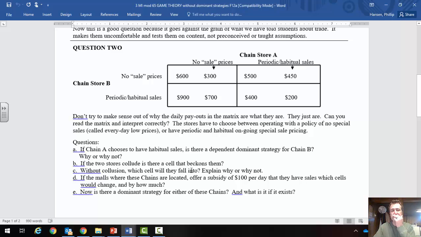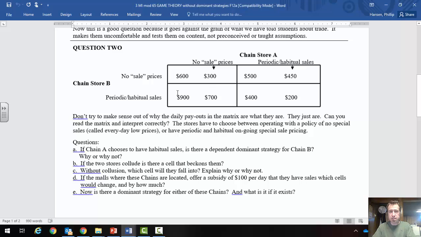Now, let's think about this. Chain store B, 900 or 400, 600 or 500. Now, if chain store B chooses habitual sales, they could get 900, which is better than 600. But if chain store A chooses habitual sales, they'll get 400 if they choose habitual sales too, which is worse than if they did no sale price, 500.